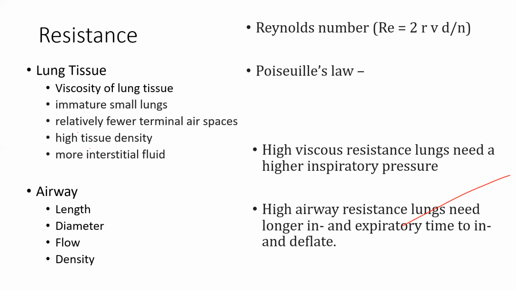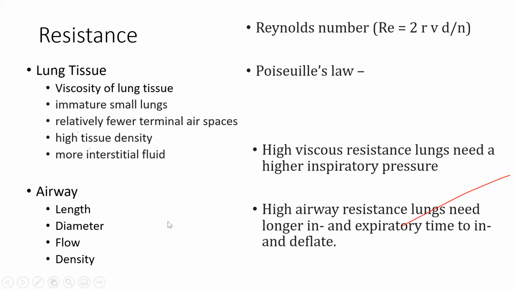In newborn infants, we tend to use uncuffed tubes to prevent pressure necrosis. Also, one is the size of the ET tube you decide and the other is the length of the ET tube. Once the baby is stabilized and the ET tube position is checked, please make sure you trim the ET tube to decrease the length of the ET tube, so decrease the resistance overall.